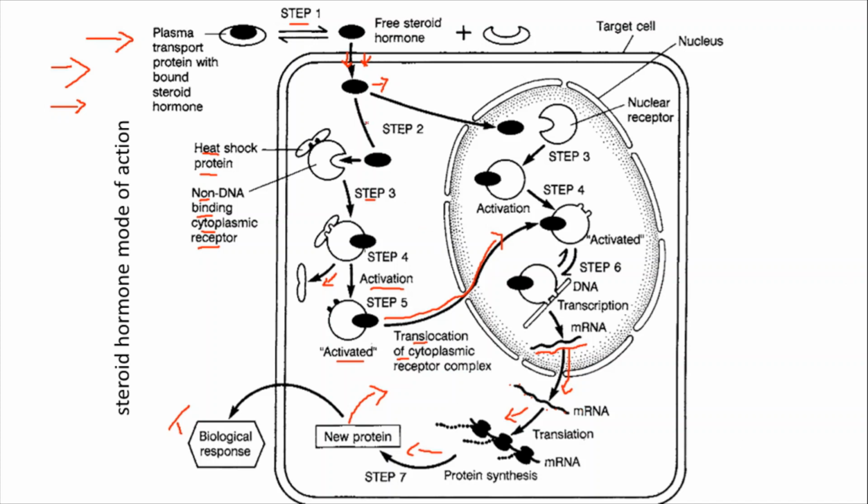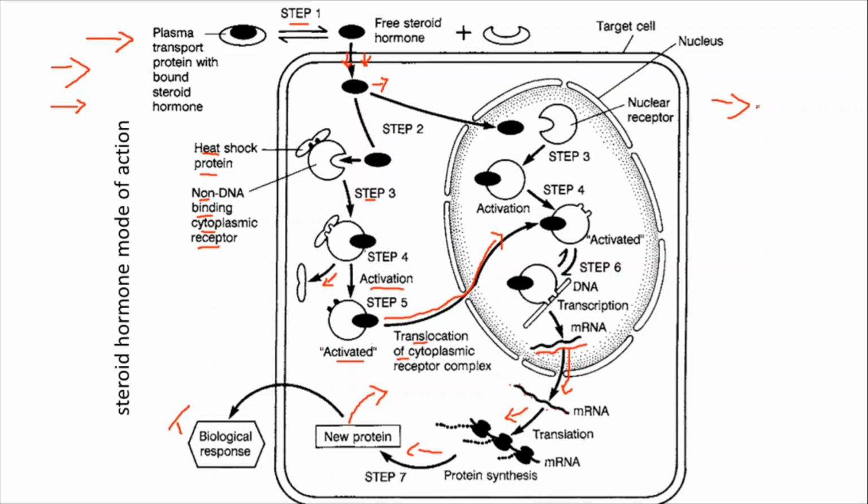After the steroid hormone enters the cytoplasm, it readily binds to the cytoplasmic receptor, or the hormone directly enters the nucleus and binds the nuclear receptor. So finally, I conclude the steroid hormone mode of action.